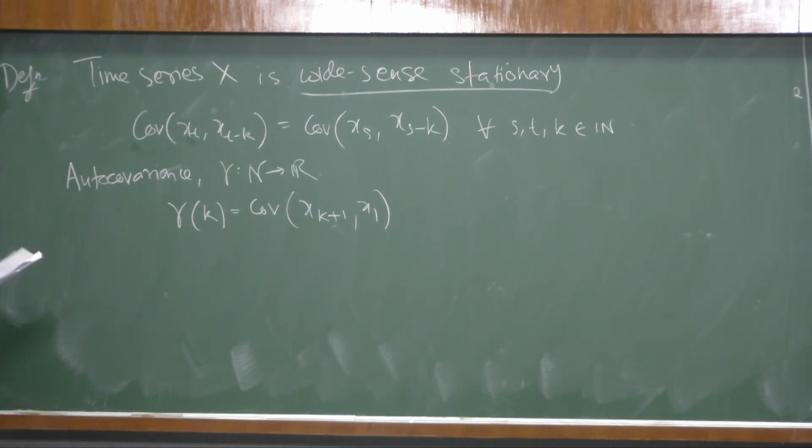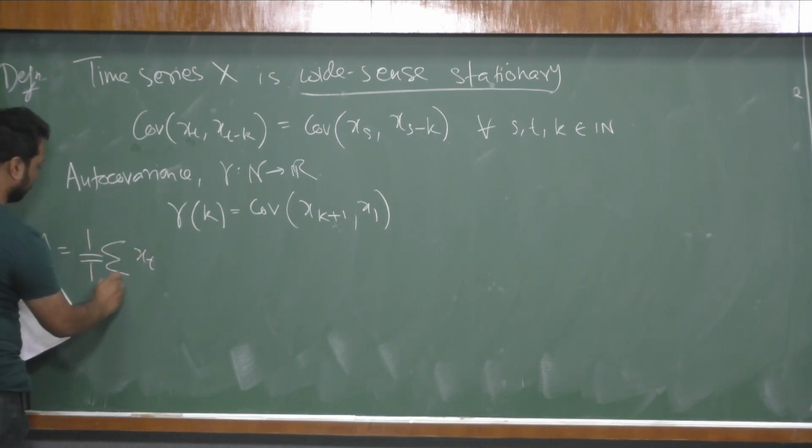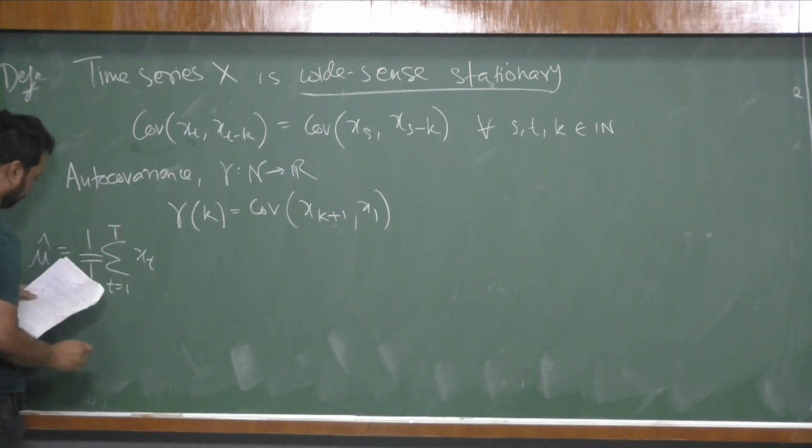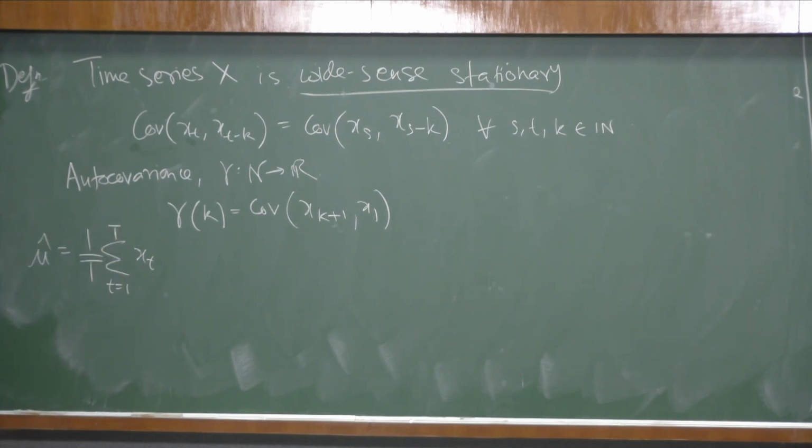And so what we did in the last class again is that we defined the sample mean mu hat to be 1 over T times the sum of x_t, t equals 1 to capital T. Okay, and we said that is no longer unbiased, because the xi's are not necessarily IID, so we may not claim that this is an unbiased estimator of the true mean.